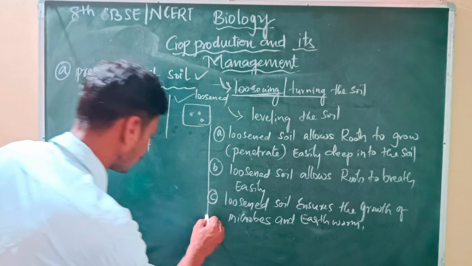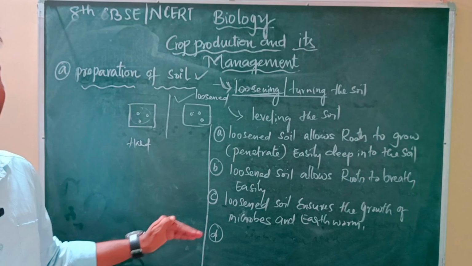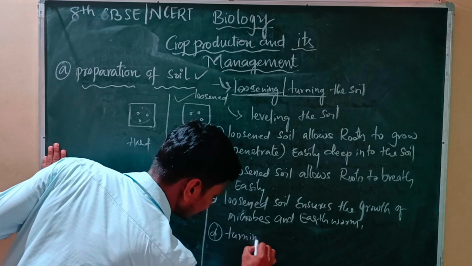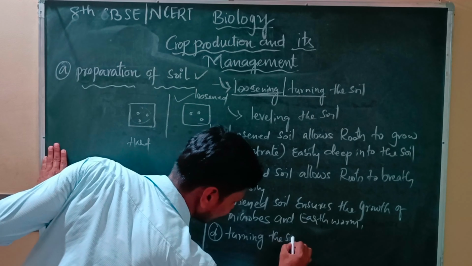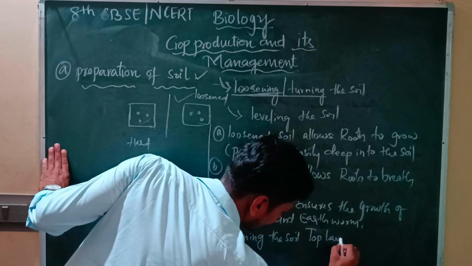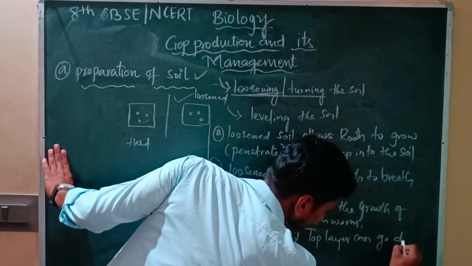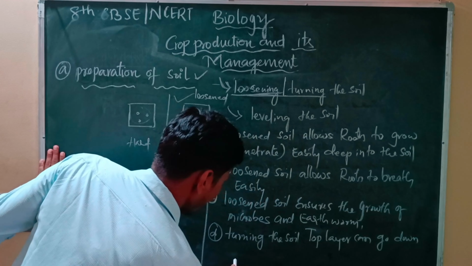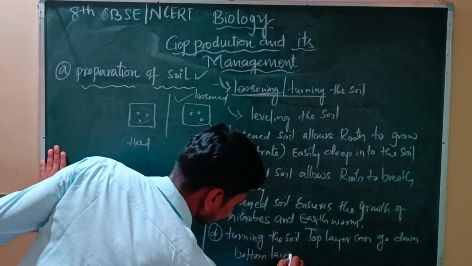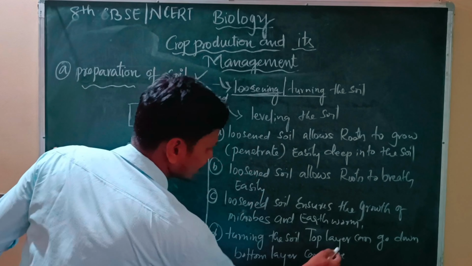Okay, and the last, more important thing is, by loosening or tilling the soil, by turning the soil, the top layer can go down and the bottom layer can come up. So what is the advantage of this?